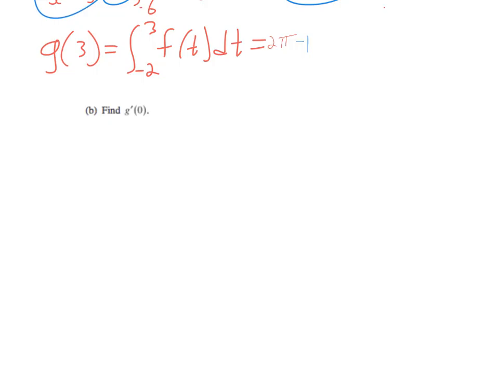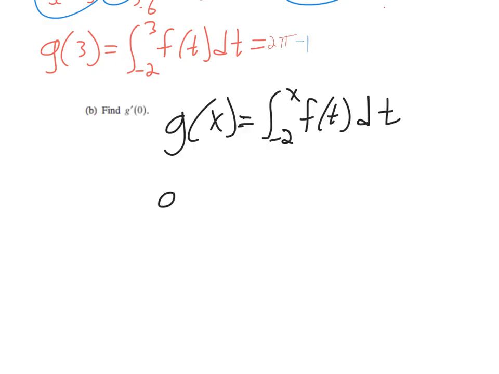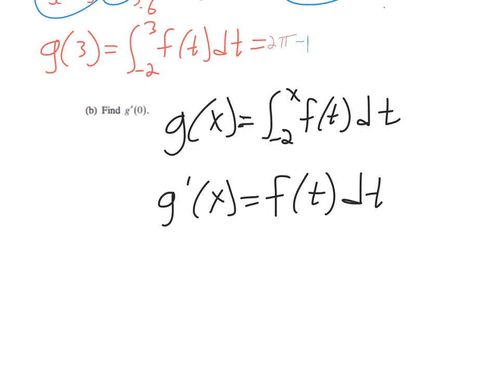Part B says find the rate of change of g at 0. So let's go back up to our definition for what the function is. The Fundamental Theorem of Calculus says that if you're taking the derivative of an antiderivative, it's just itself, as long as that integral is stopping at a variable x.